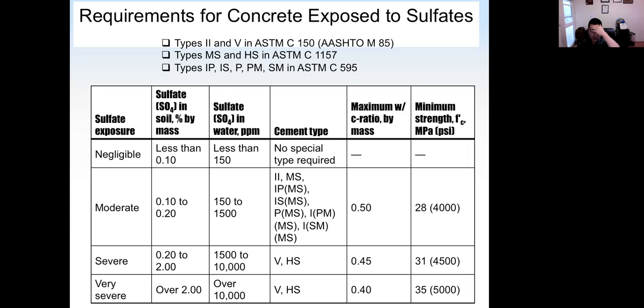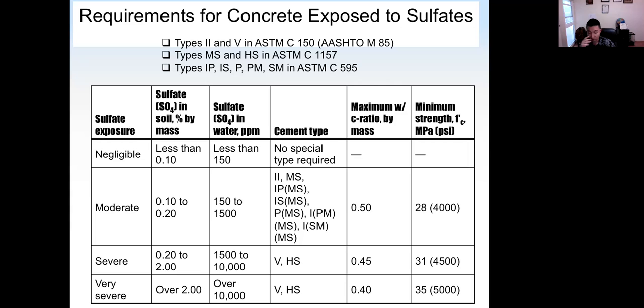So this table shows us, depending on the sulfate exposure, from negligible to moderate to severe, and here is the percentage of sulfate in the soil, percent by mass, and also the sulfate in water in ppm. You should choose different types of cement.